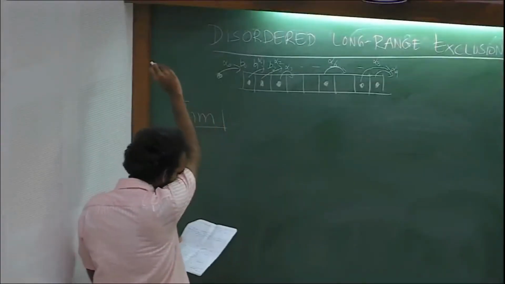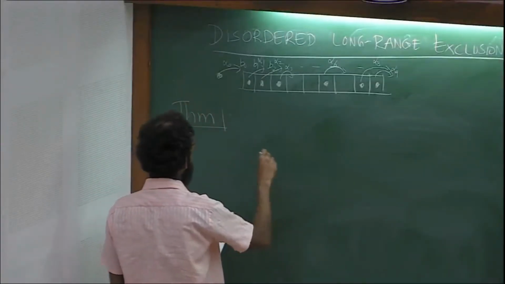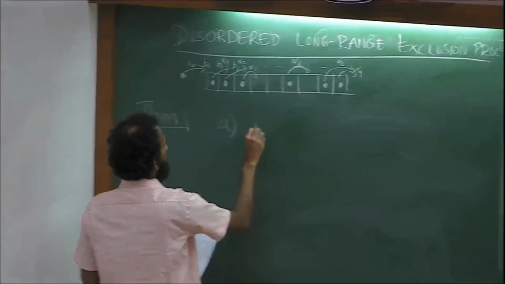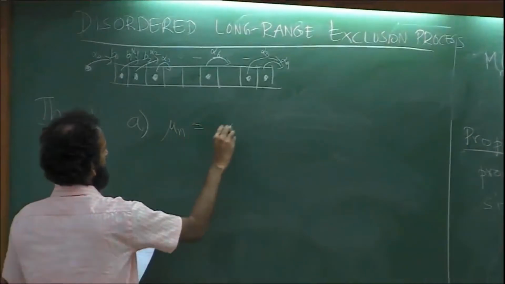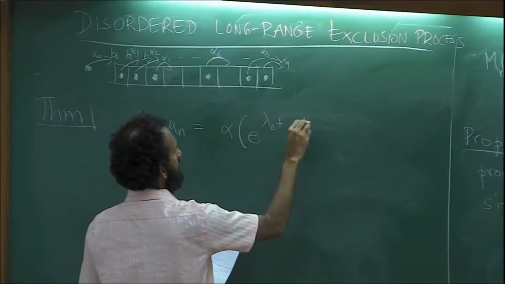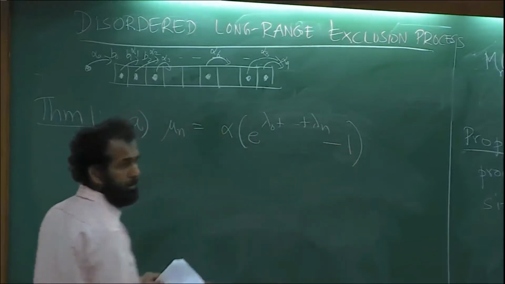As you can expect, maybe all of you have seen this already. So this is the theorem. Well, it's kind of evident. So this is alpha e to the lambda naught plus up to lambda n minus 1.